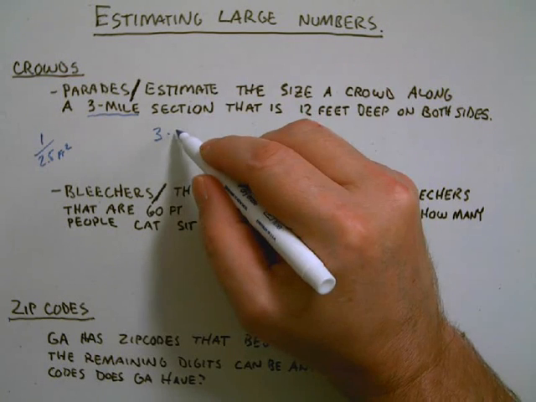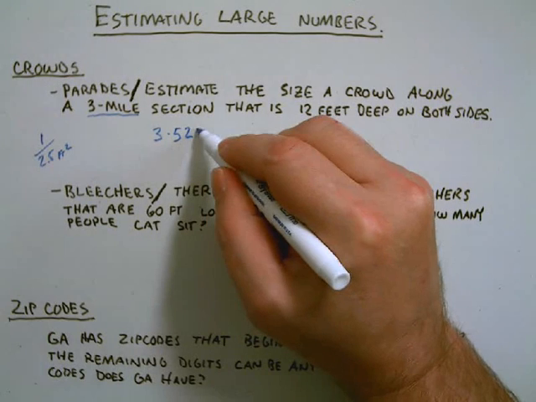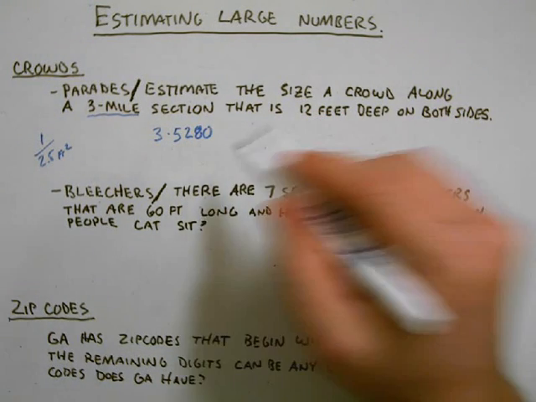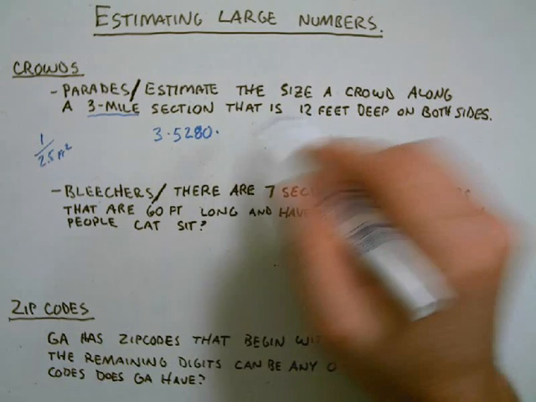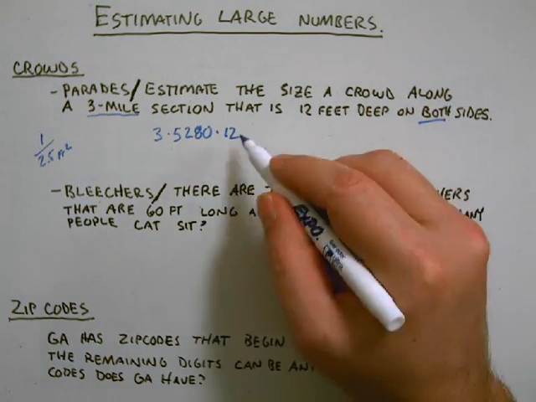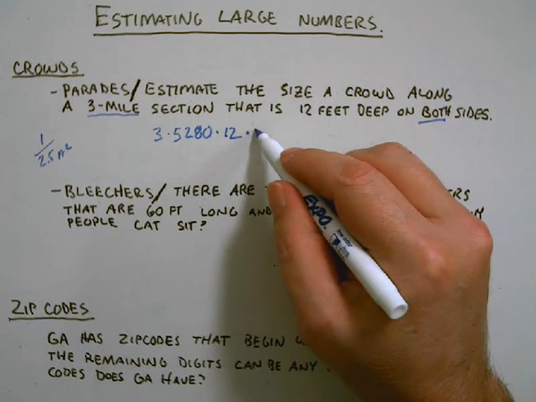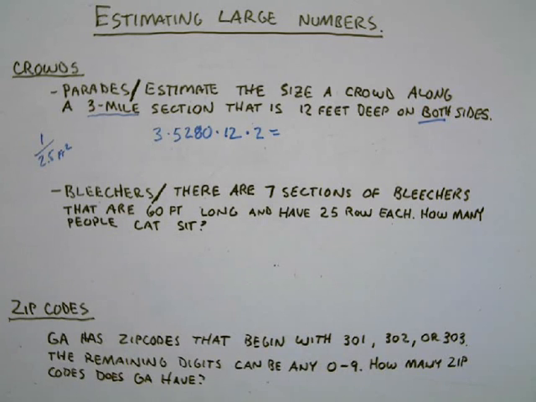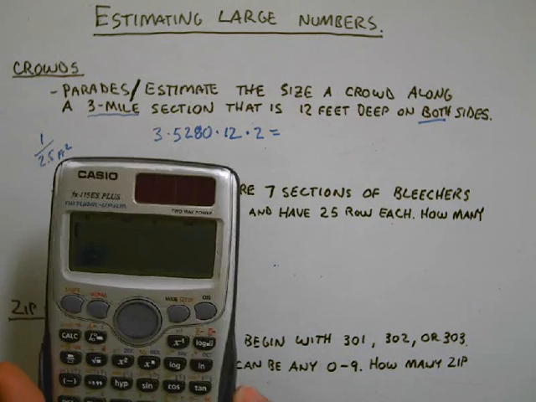So 5,280. That'll give you the length of the parade. The width of the parade is 12 feet, but it's both sides, so it's times 2. So we want to go ahead and multiply that all out. You can do it on the calculator if you want.